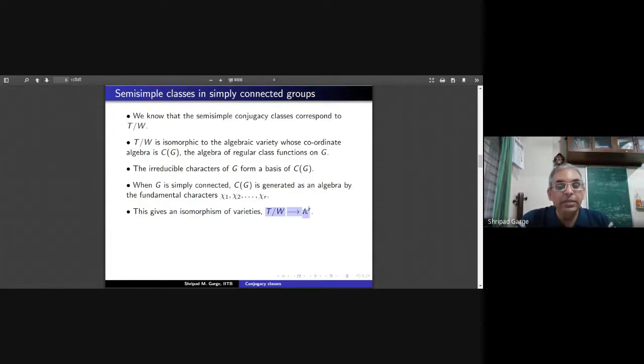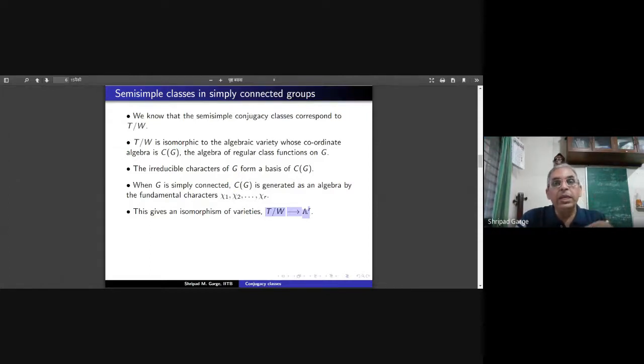Once again, to say this in other words, when you have a semi-simple algebraic group, every class above which is fixed under sigma has an element which is fixed by sigma. And whenever G is simply connected, this is equivalent to saying that each such class has only one conjugacy class below.